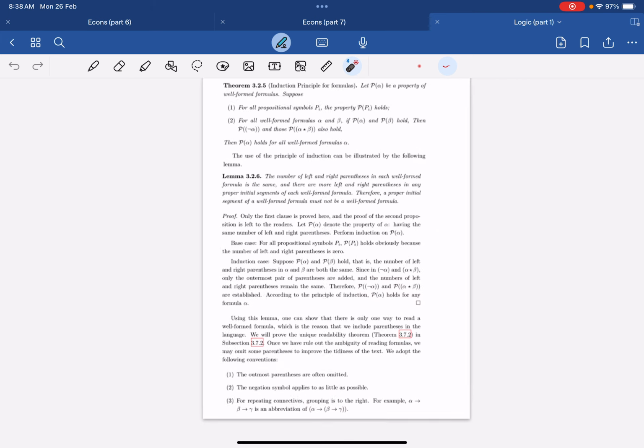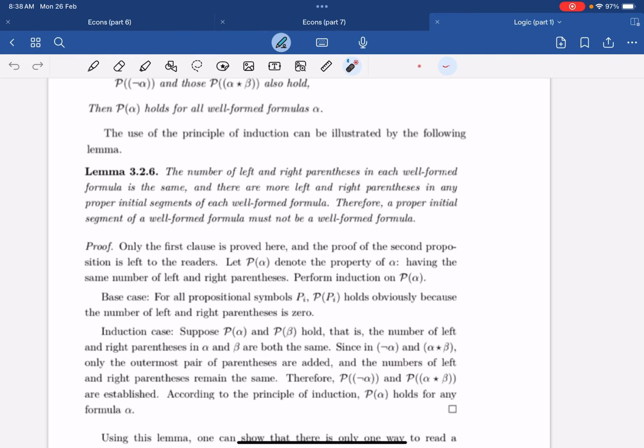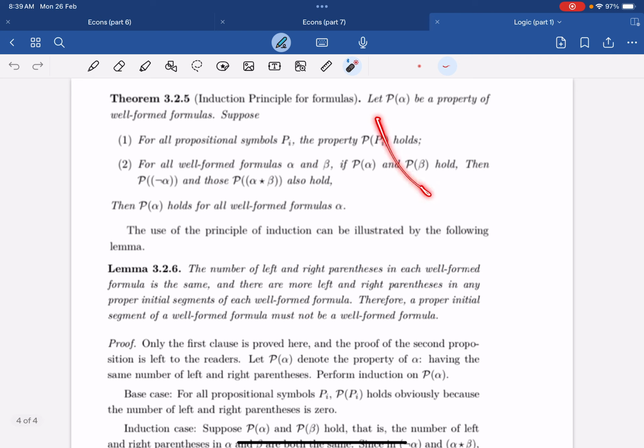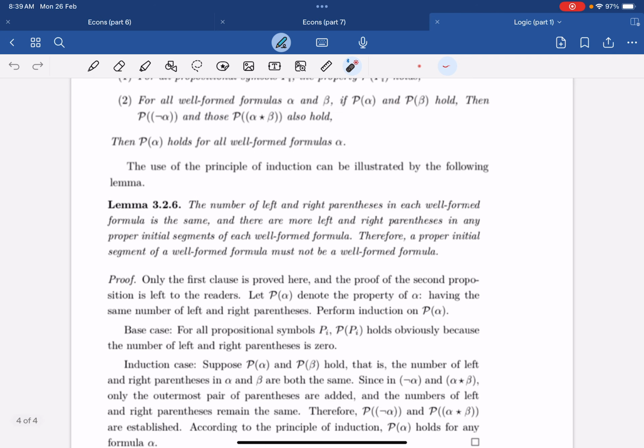So like earlier we said why we can disregard the ambiguity of the strictness of parentheses. Well, we can use this principle of induction of formulas to prove this lemma over here, which states that the number of left and right parentheses must always be the same, and that there are more left than right parentheses in any proper initial segment of each well-formed formula.